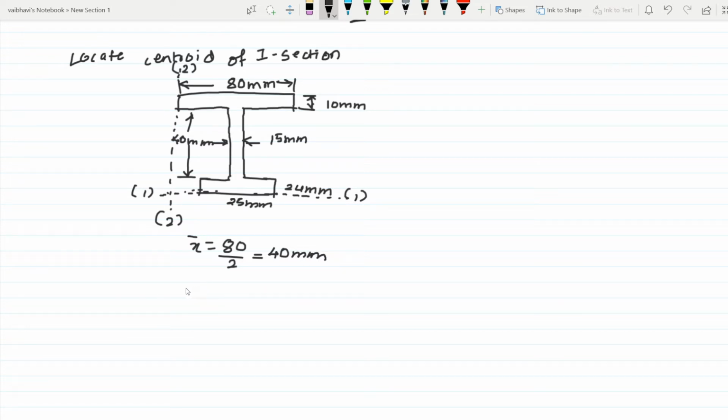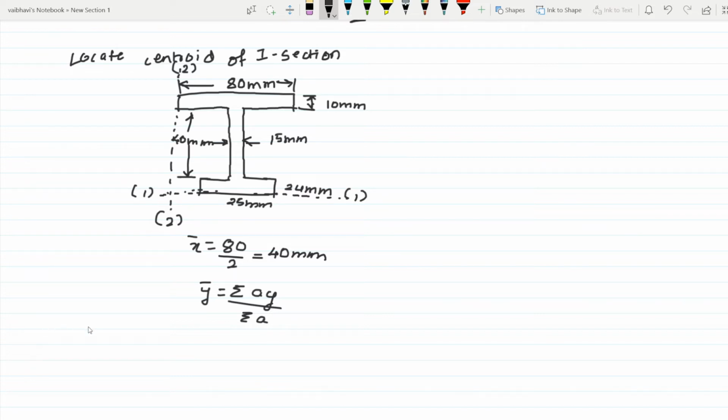Then we have to find the y bar value, that is summation of ay divided by summation of a, as in the previous example. Summation of a is the total area of this I section and individually we have to find the distance of the centroid of each portion from the axis 1 1.